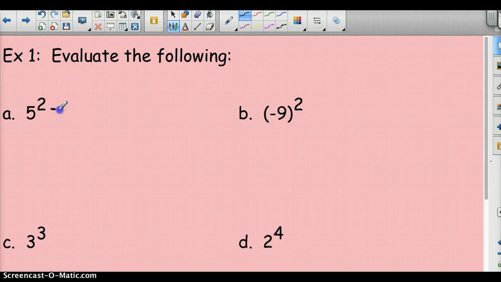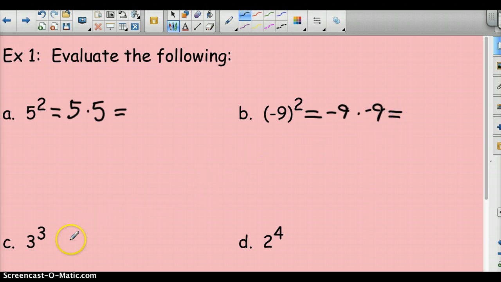Starting off, 5 to the second power, we just did it. Please don't write 10. The base is 5, it is multiplied by itself 2 times. 5 times 5 is going to be the answer. We'll come back to that one. Next, negative 9 to the second power. Since the negative sign is in the parentheses, we multiply everything in the parentheses by itself the number of times of the exponent.